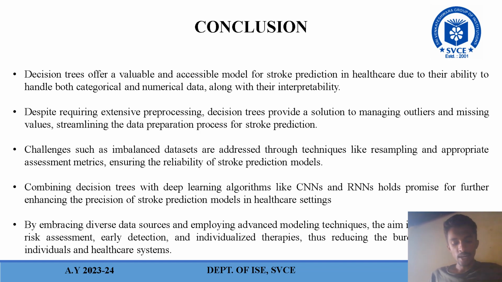In order to have fewer complications and better health, we need to take care of our brain health, and we need to understand how brain stroke can affect our lives. So I tried to tell you about brain stroke, and I explained how decision tree algorithms help. This can happen for many reasons, like if people have diabetes, BP, the habit of smoking, are addicted to alcohol, and stress levels also matter.